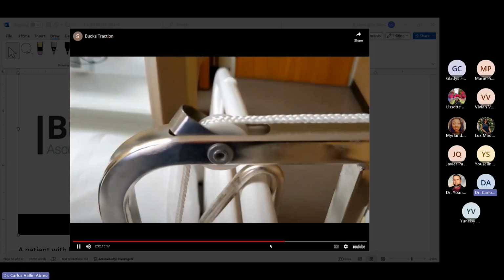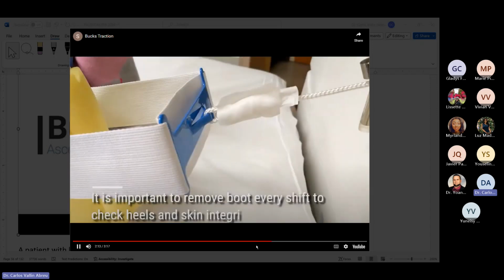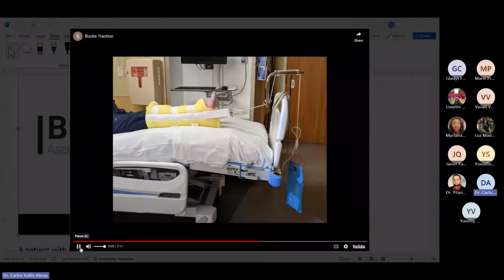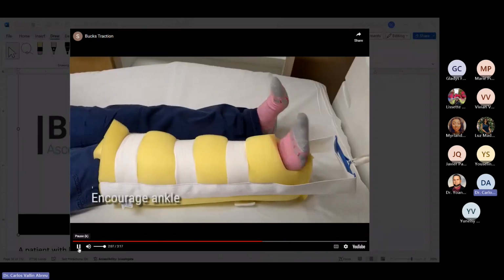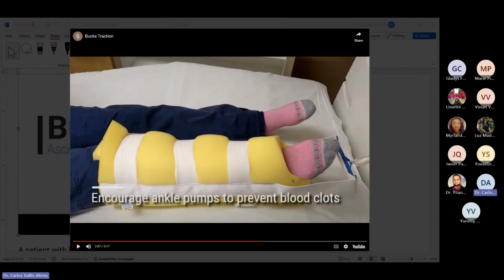It's very important to notice that the heels are the part most susceptible to developing pressure ulcers, because they are in contact, supporting the weight of the client who has the foot of the bed elevated.